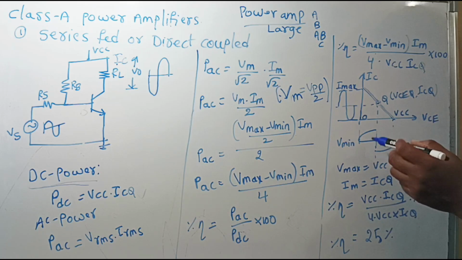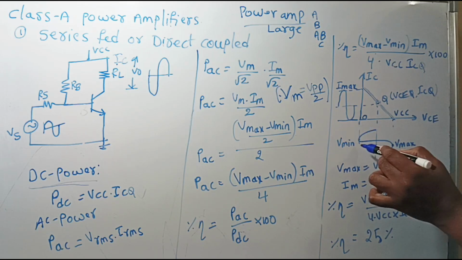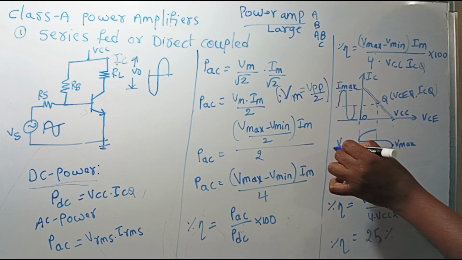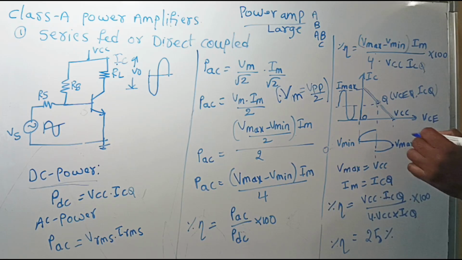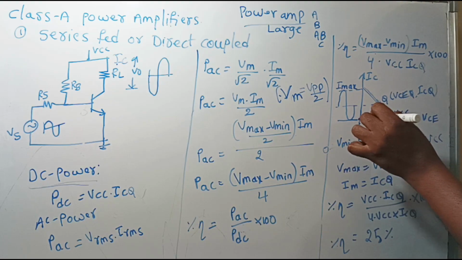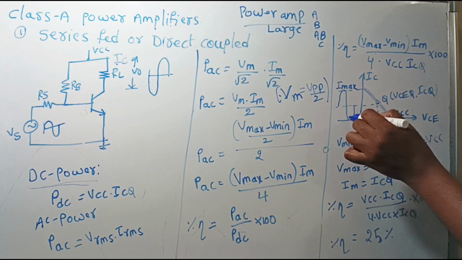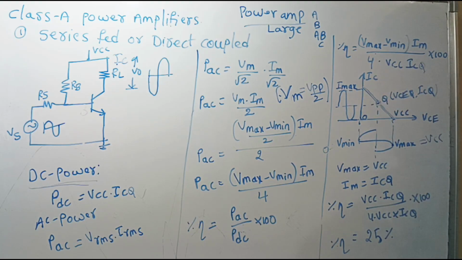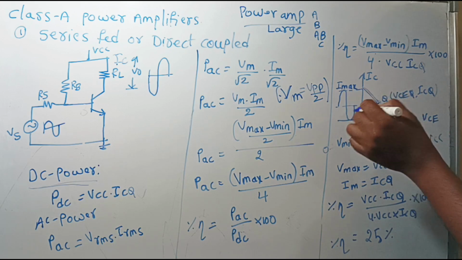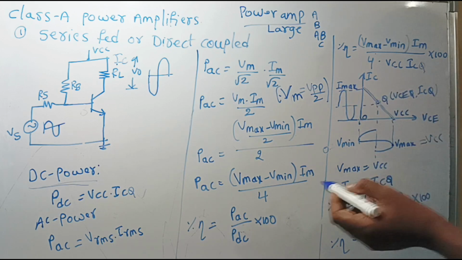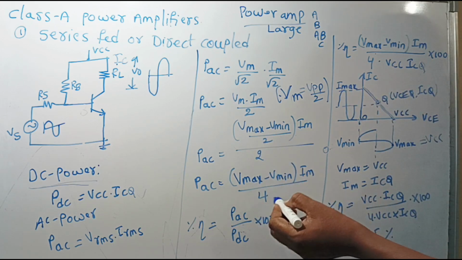We are going to write V maximum and V minimum. V minimum is 0. V maximum is VCC. Similarly, I minimum is 0 and I maximum is ICQ. Here we are not writing I maximum or I minimum values, because in the formula we have only V maximum and V minimum.